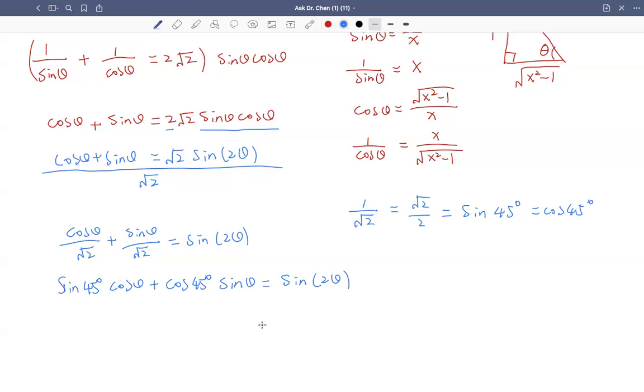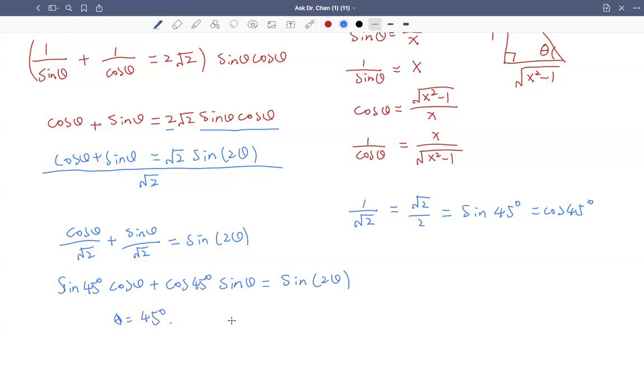You see what this forces? Because sine of 2 theta equals 2 sine theta cosine theta, that forces theta to be 45.